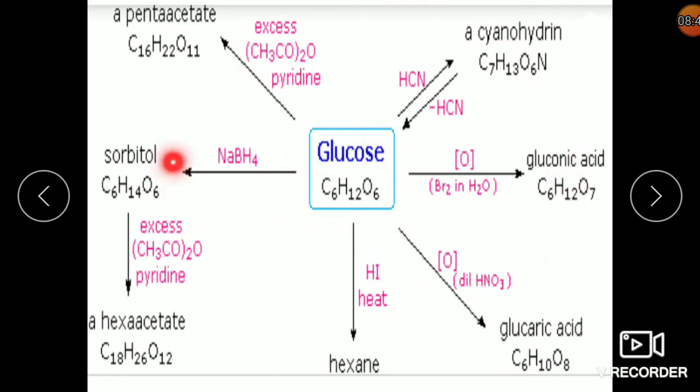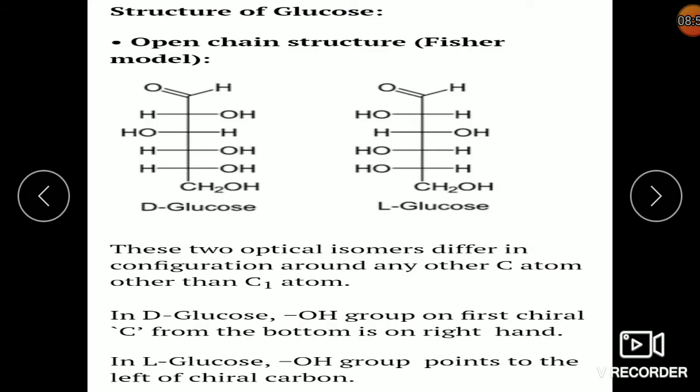So these reactions gave them the clue. From these reactions it is derived that the structure of glucose can be presented as an open chain structure. Who gave this open chain structure? Fischer's model. From Fischer's model we get the open chain structure of glucose.